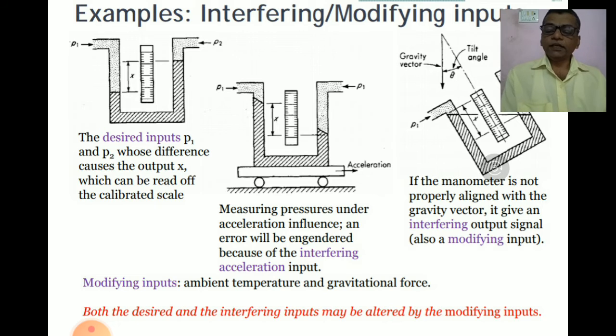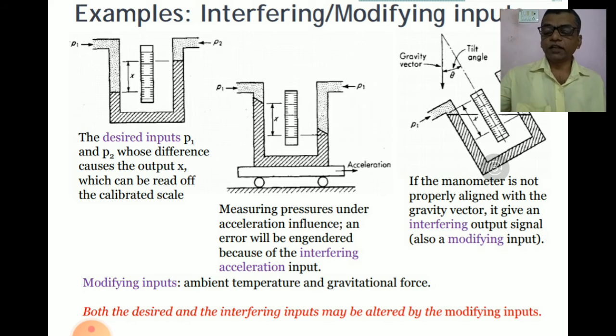The pressures applied at the two ends of the U-tube are P1 and P2. The differential pressure is P equal to P1 minus P2, and it is given by the following expression: P equals P1 minus P2 equals g times X times rho m, where g is the gravitational constant, rho m is the density of mercury, and X is the difference in level.